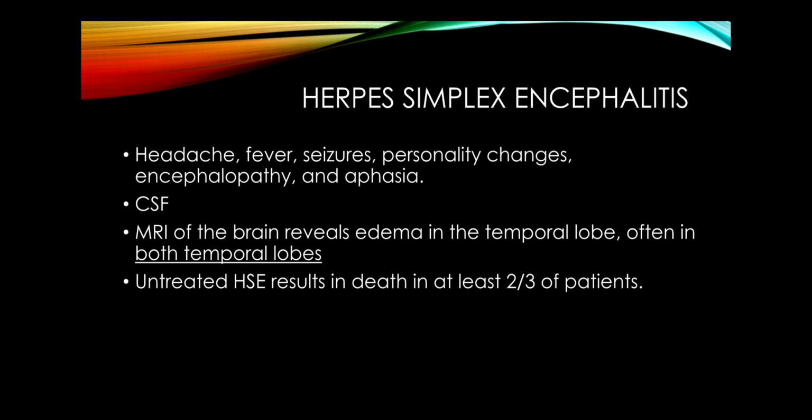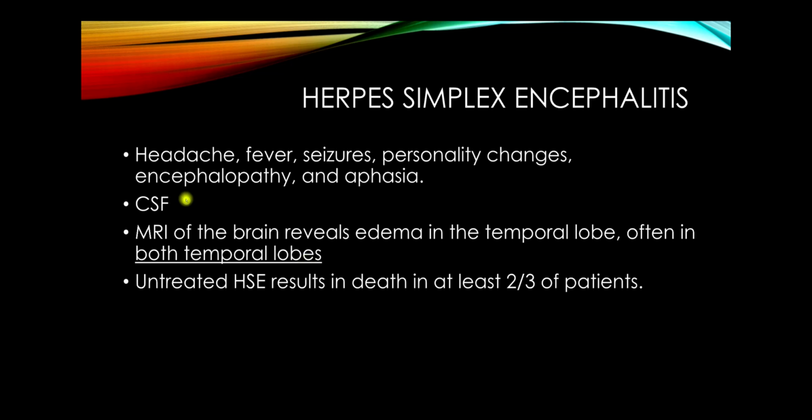Maybe it's psychiatric. But it's usually when the patient has a seizure that everyone knows, okay, well, this is not psychiatric, this is neurologic. They tend to be confused, and because the temporal lobe has Wernicke's area, they'll often have an aphasia. We're going to do a brain scan first, and an MRI reveals swelling of the temporal lobe, often both temporal lobes.